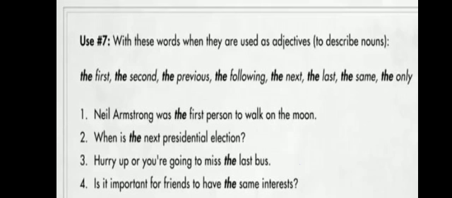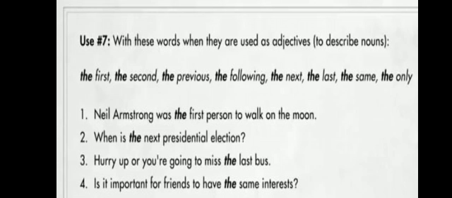Now come on to the rule number 7. With these words, when they are used as adjectives to describe nouns, whenever there is a word that is going to describe a noun, that is going to give you some more information about the noun, with that kind of words you are supposed to make use of the definite article the. Over here you can see the first, the second, the previous, the following.